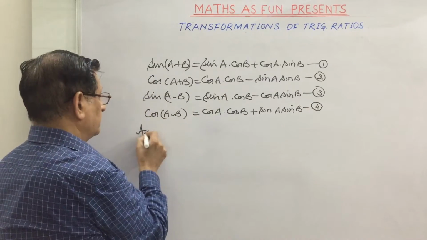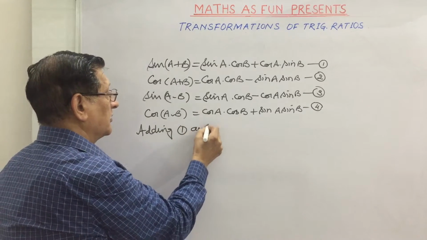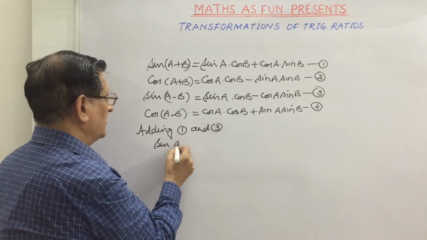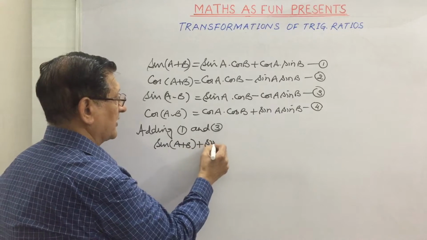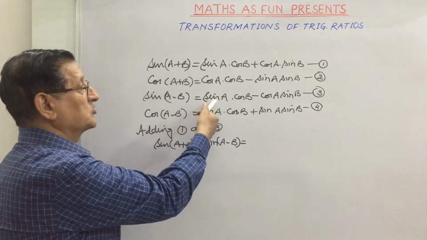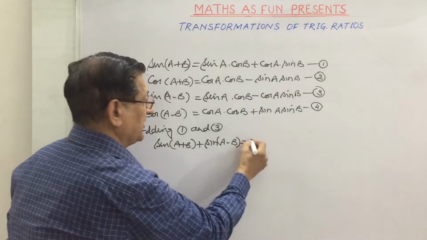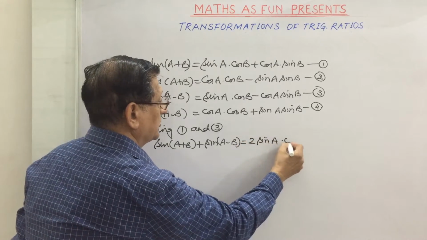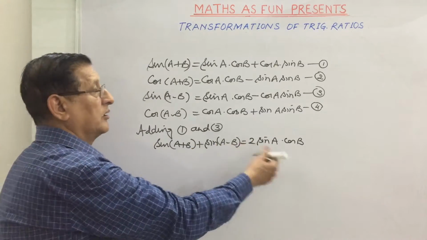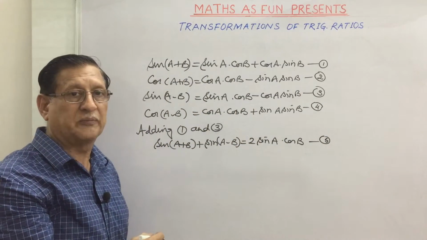If we add 1 and 3, what we get? We are going to have here sine of A plus B plus sine of A minus B. You can see here, if we add these two, cos A into sine B and cos A into sine B will cancel, and this will be coming as 2 sine A into cos B. This formula can be written as fifth, and we use it generally from product into the sum and difference form.